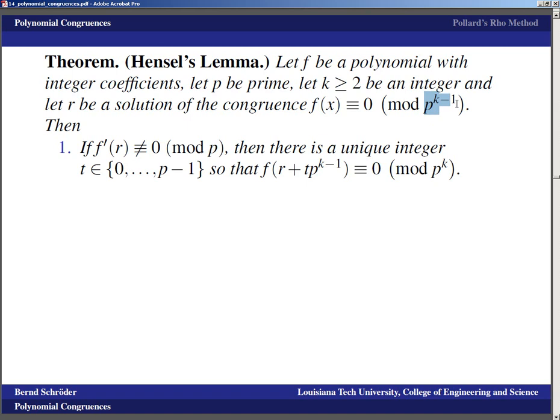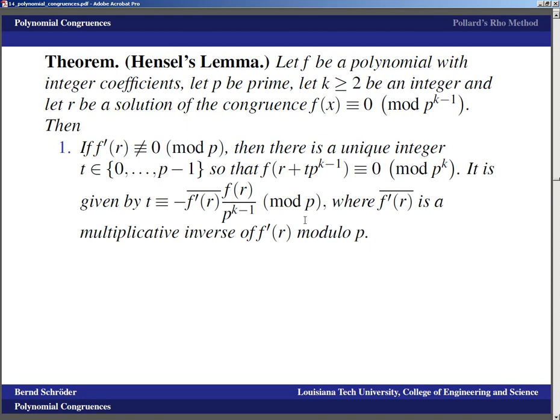So we take a solution modulo p to the k minus 1, and from that we construct a solution modulo p to the k, which means once we've got solutions modulo p, we can build things up, at least as long as that derivative is not equivalent to 0. Well, first of all, let's finish this out. If this is a unique solution, it would be nice to have a formula for it, and that number t is given by t equivalent to negative f prime of r bar times f of r divided by p to the k minus 1, modulo p, where f prime of r bar is a multiplicative inverse of f prime of r modulo p.